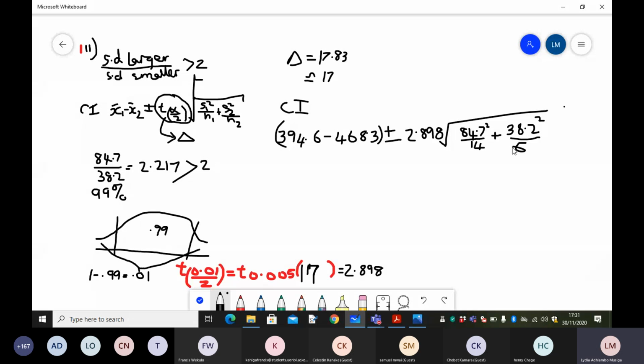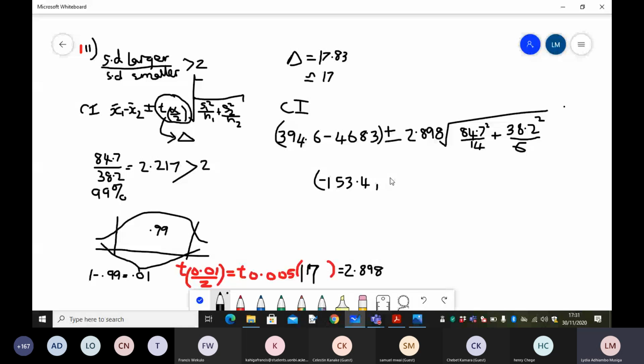And when we calculate this, we find that our confidence interval will be from minus 153.4 up to 6.